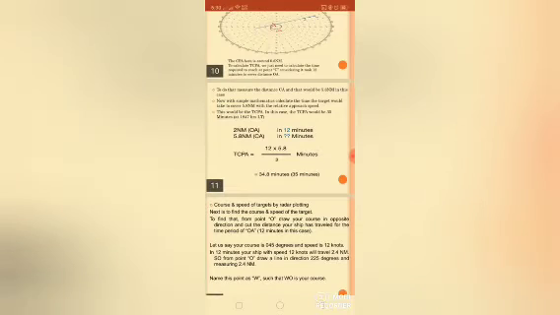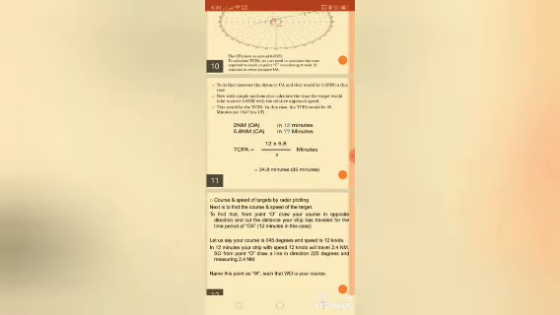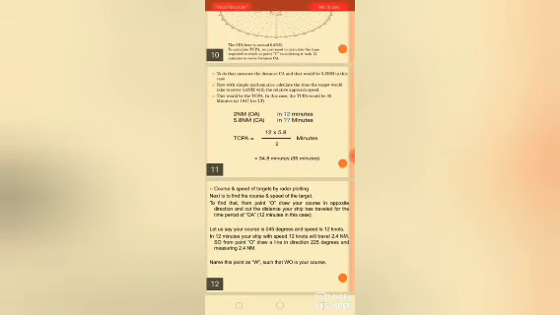Course and speed of targets by radar plotting. Next is to find the course and speed of the target. To find that, from point O, draw your course in the opposite direction and cut the distance your ship has traveled for the time period of OA, 12 minutes in this case. Let us say your course is 045 degrees and speed is 12 knots.